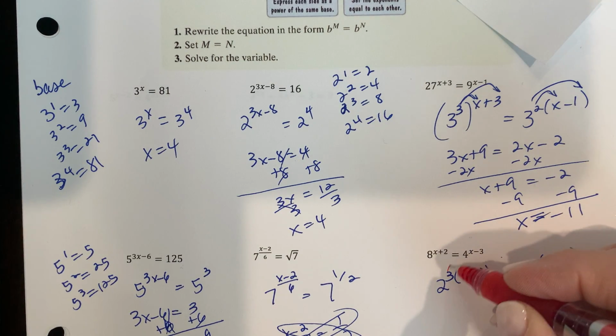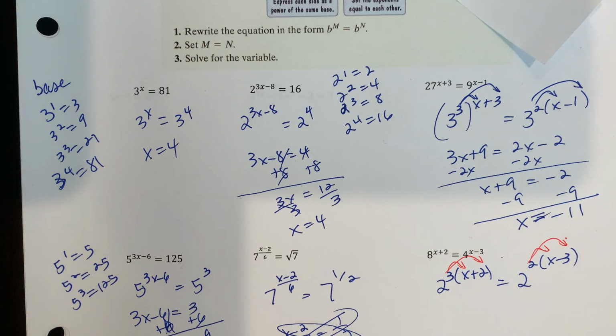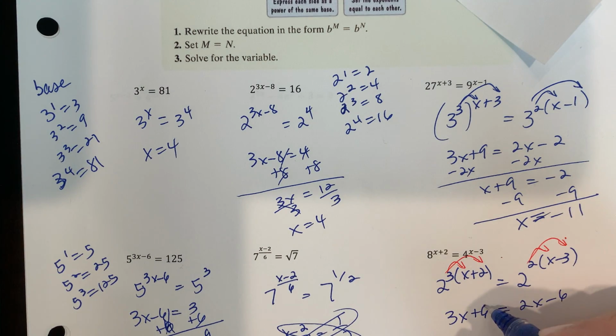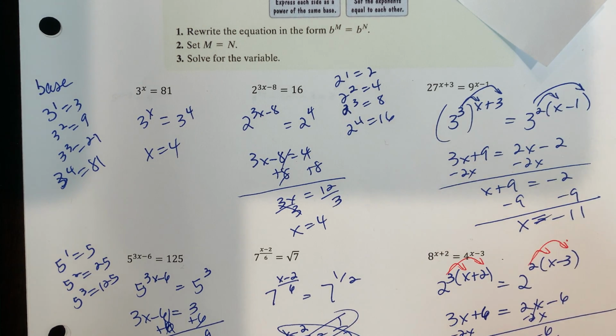And then I'm going to distribute this. And I would have 3x plus 6, 2x minus 6. Then subtract 2x, subtract 2x. I've got x plus 6 equals negative 6, subtract 6, and x equals negative 12.